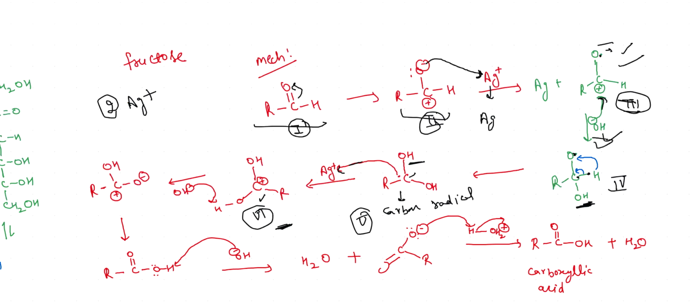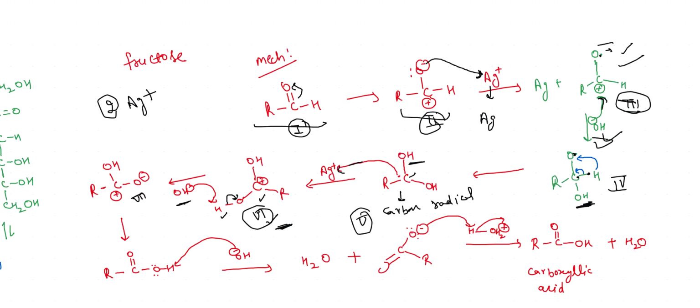Now the second molecule of hydroxide ion is reacting with intermediate 6. It will abstract the proton from this intermediate and the oxygen will acquire negative charge. So this forms intermediate 7.